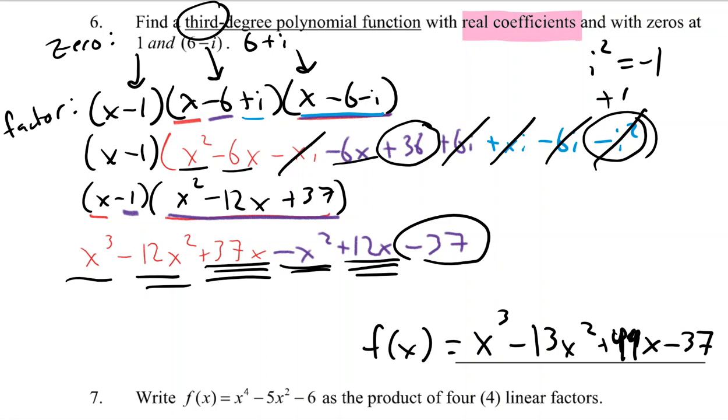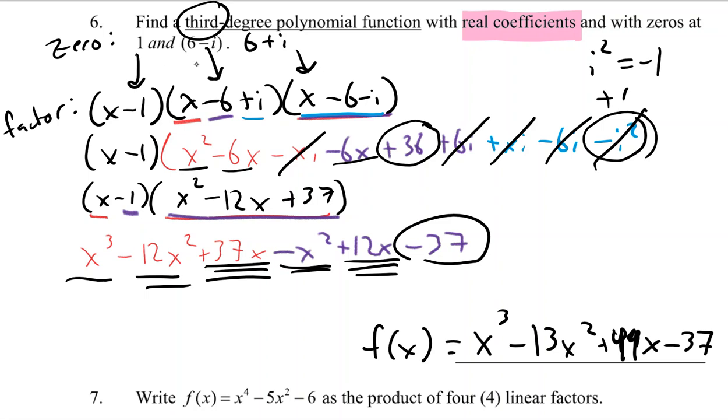Yeah. Should have a y-intercept at -37. Yeah, because whenever you set it equal to 0, that's the only one. Okay, that's true. Y-intercept of -37.